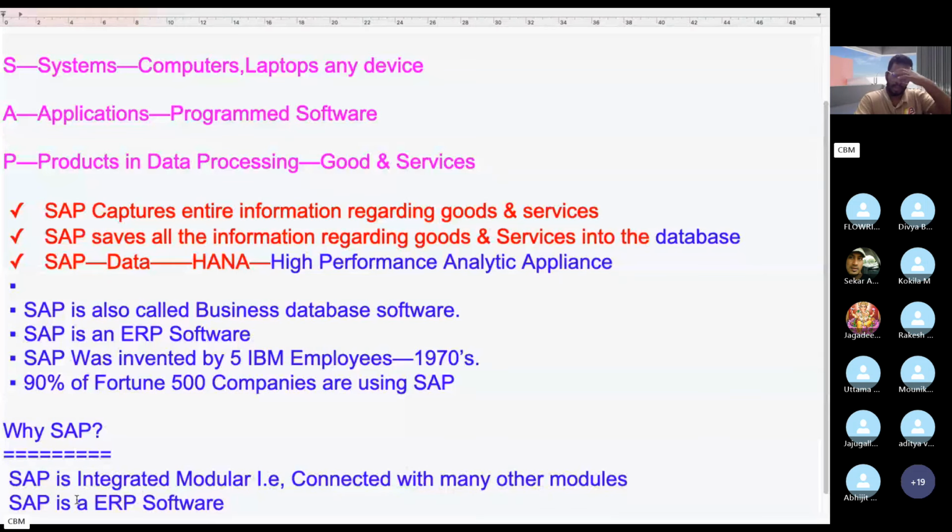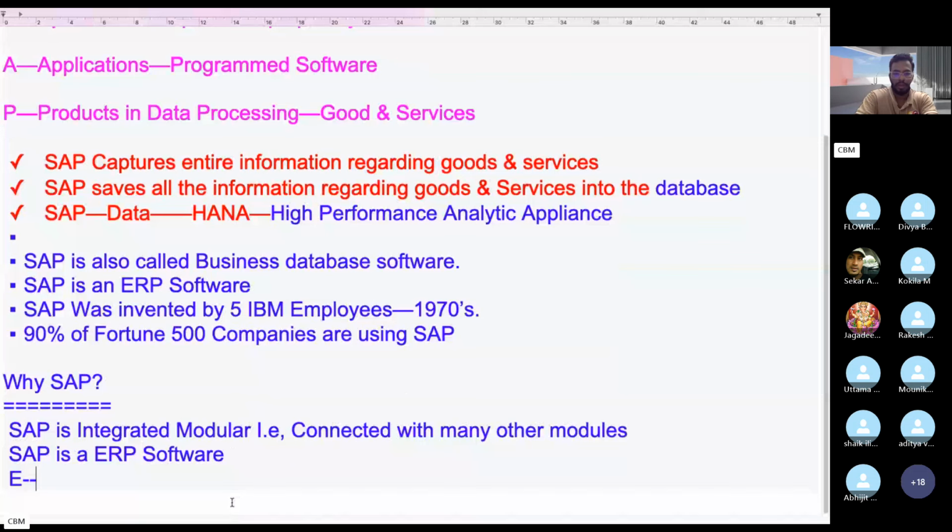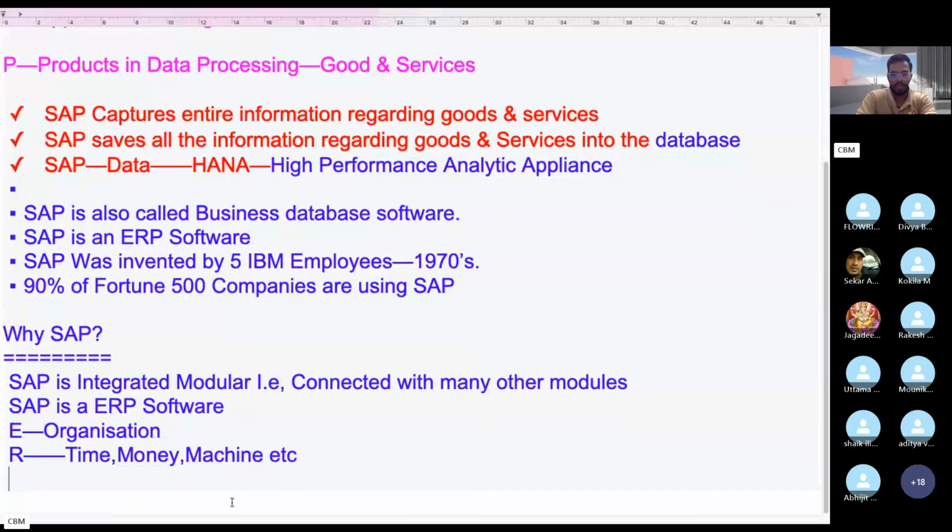ERP means enterprise resource planning. Enterprise means organization. Resource means time, money, machine, etc. These are the resources.